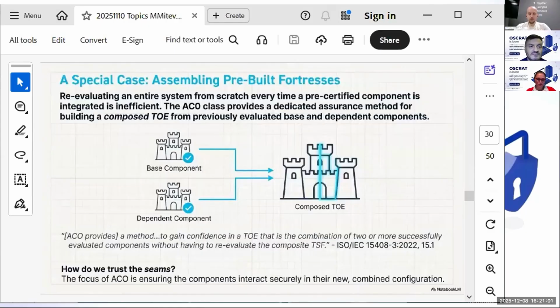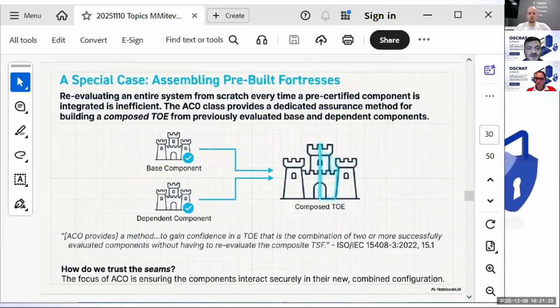When combining multiple certified components, it's not efficient to reevaluate each one from the beginning. The ACO class gives methods to evaluate composed products. The slide uses a castle analogy. A new system is built from base and dependent components.